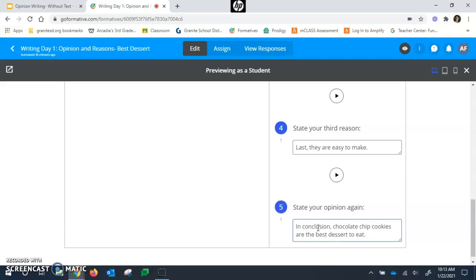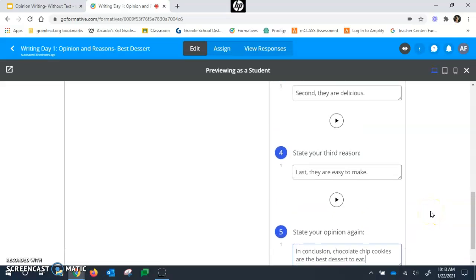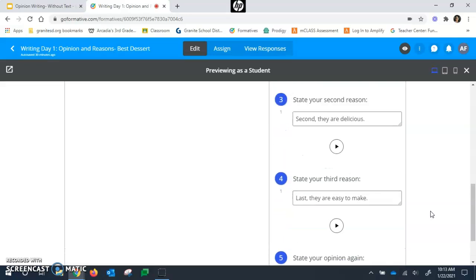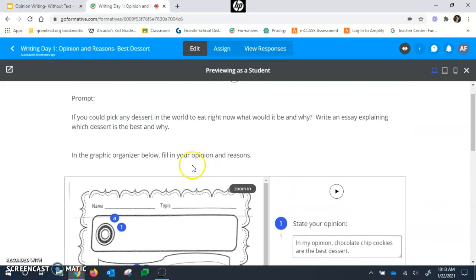And I've stated my opinion again, all about chocolate chip cookies. I didn't switch my opinion and talk about some other kind of dessert. I stuck with chocolate chip cookies the entire time. And so that's your job right now, is to fill out your opinion and 3 reasons as to why you think your dessert is the best. Ready, set, go.